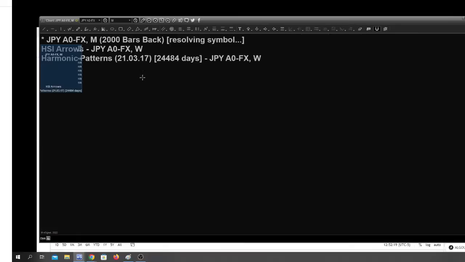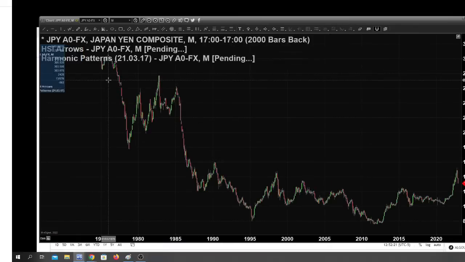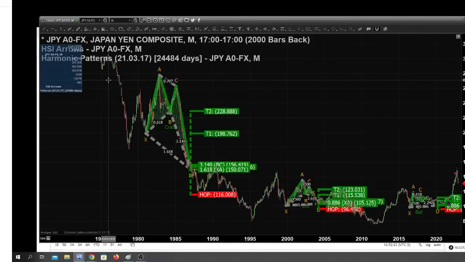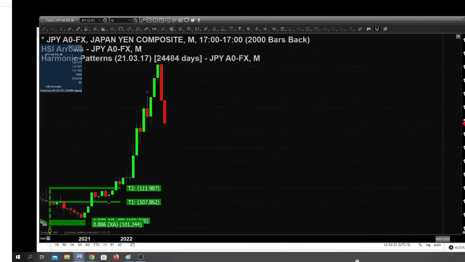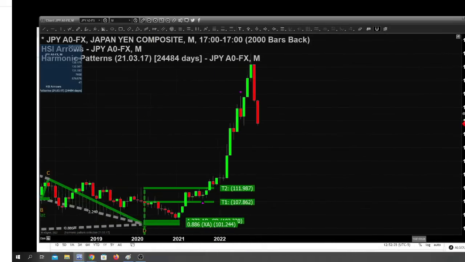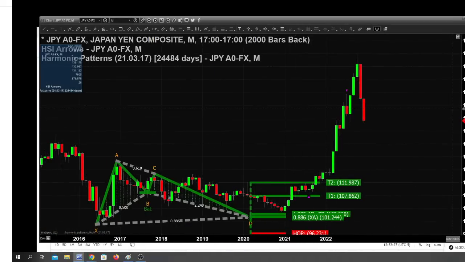There's definitely some long-term. Yeah, this is a monthly crab, okay, and we haven't looked at this in a while. I'm trying to jog my memory. We had an HSI on the monthly. I knew it was something.